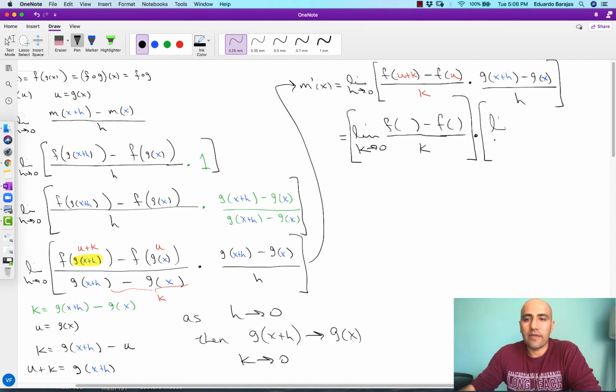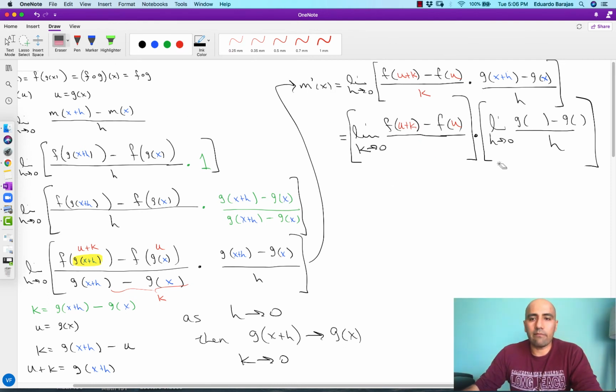So it'll be the limit as h goes to 0 of g of blank minus g of blank all over h. Okay, so this first one has this u plus k, and then there's a u there over k. I should have written it in red just to make it match.